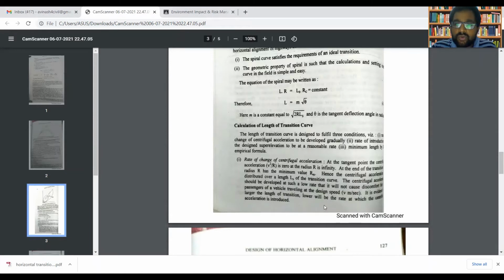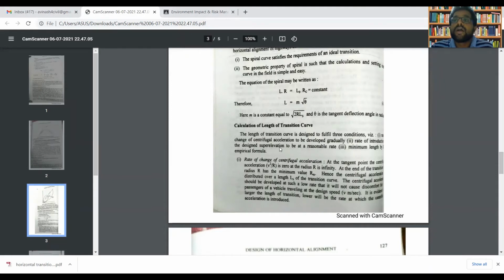So we have to make sure that the centrifugal acceleration is developing at a slow rate. If the centrifugal acceleration is developed at a very fast rate, what will happen? It will create a lot of discomfort to the passengers, and also the driver will not be able to steer properly.